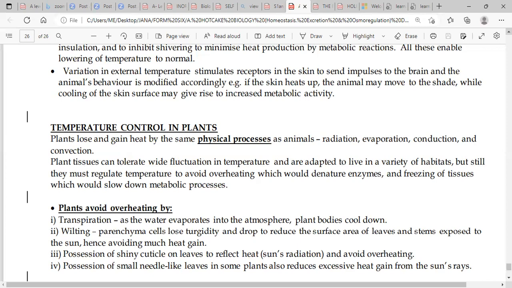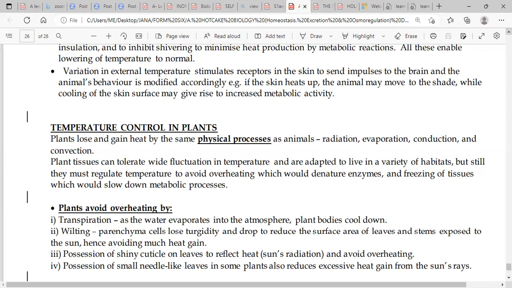We looked at controlling body temperature in humans, those are the endotherms. Then we have looked at the plants. And looking at the roles of the kidneys, we are able to cover osmoregulation and excretion.